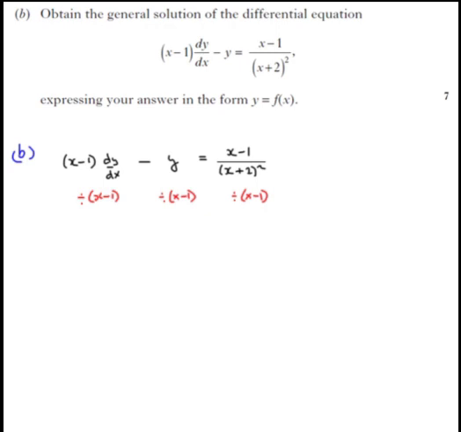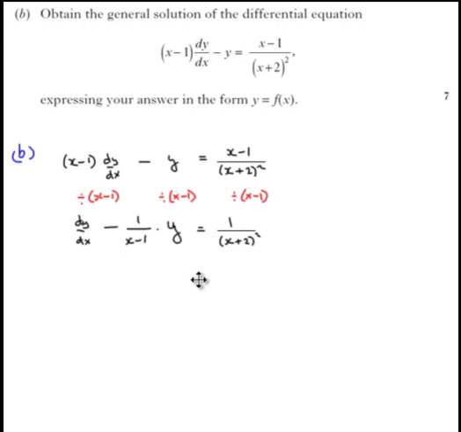First term will be dy by dx. The second term will then be minus 1 over (x minus 1) times y. On the right hand side, when we divide by x minus 1 it will just leave us with 1 over (x plus 2) all squared.